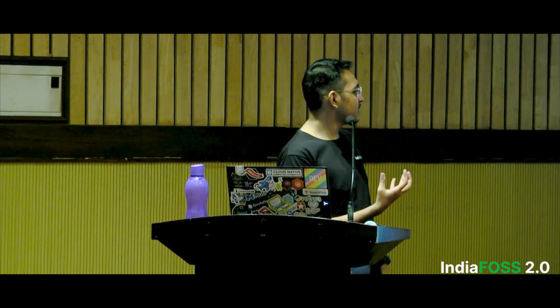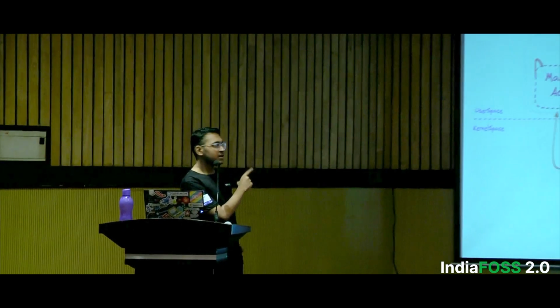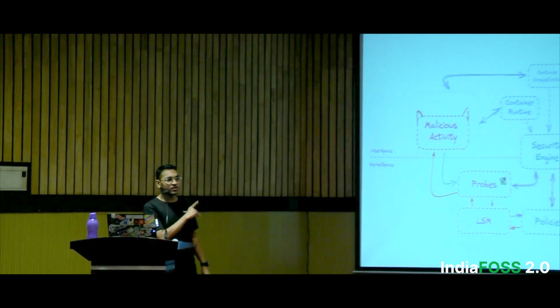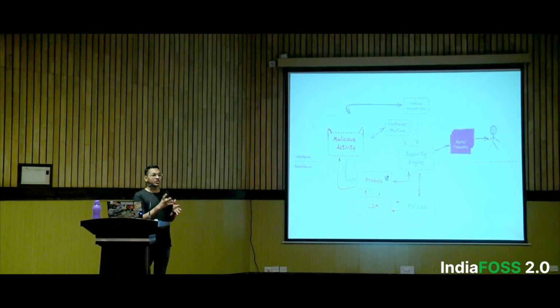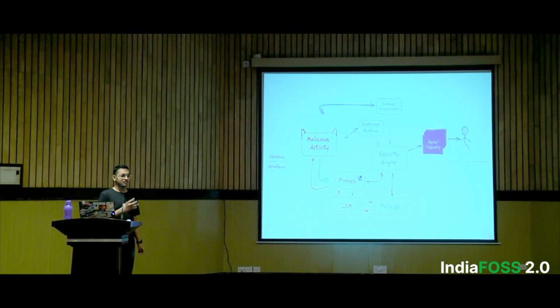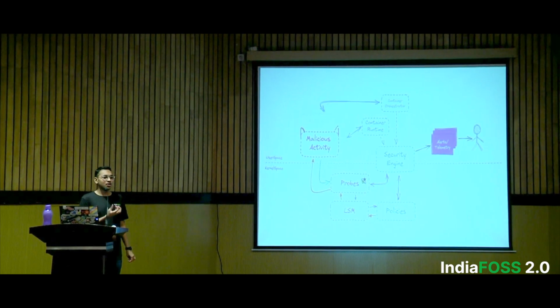I mentioned eBPF in two aspects here, probes and LSMs. We can use eBPF for just observability, and eBPF for these LSM aspects. Probes, the general syscall hooks, do suffer: you can try to avoid them if you exploit a particular race condition, and escape that observability.